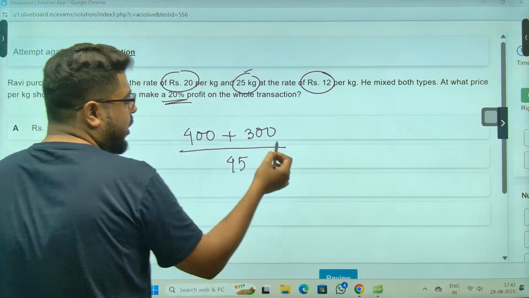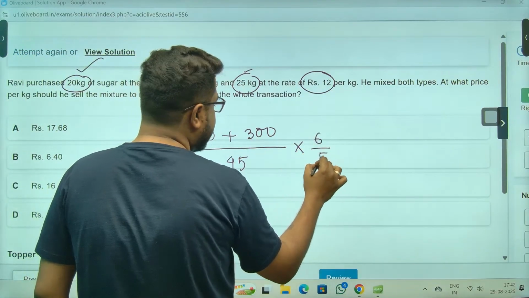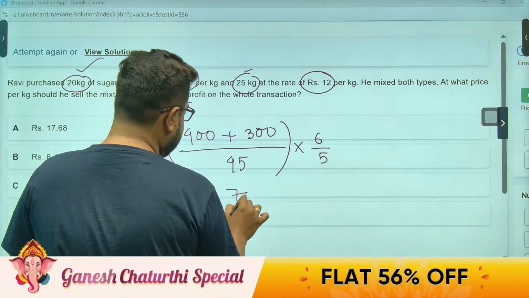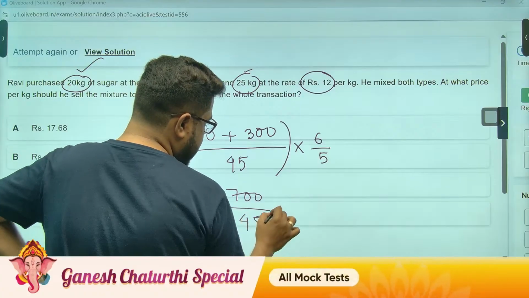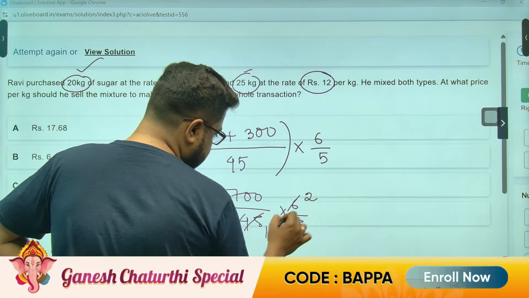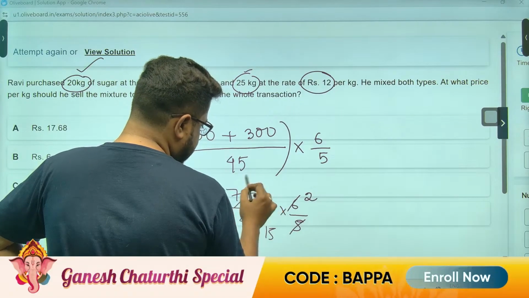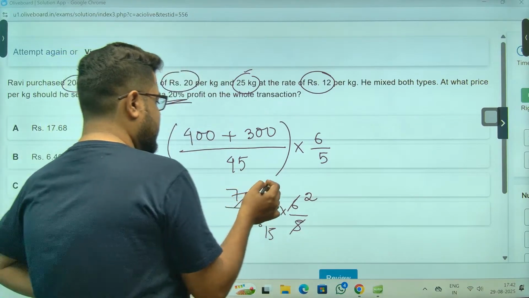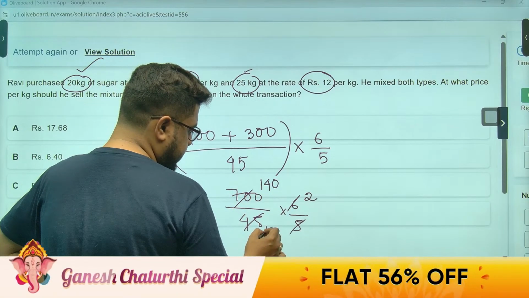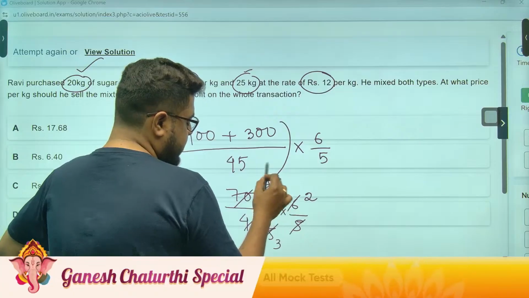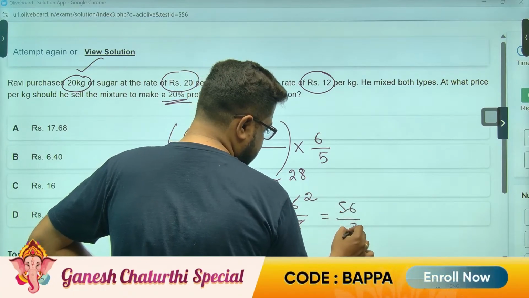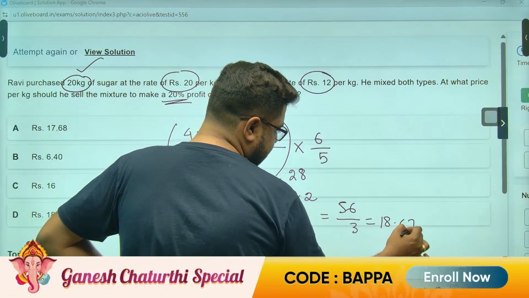Now 20% profit, meaning sir 6 by 5. Okay, this is the answer, sir. So 700 by 45 into 6 divided by 5. 3 15s are this, 3 2s are this, 5, this is how much, sir? 5 14s are this, right? 140. 5 से करोगे 3, 5 से 28. 56 by 3. 18.67. 3 18s are 54.